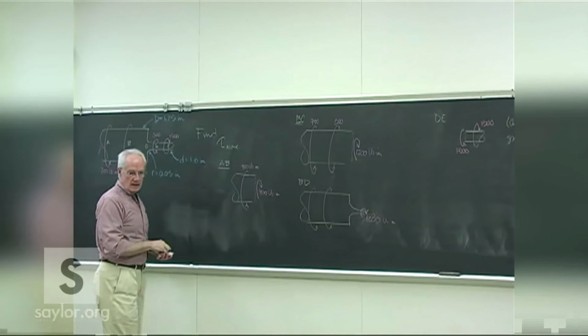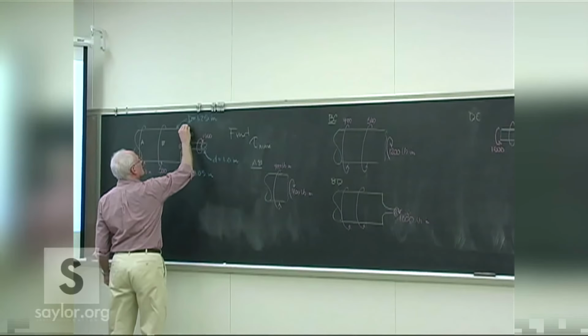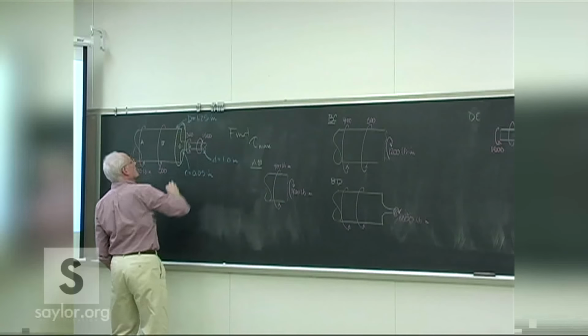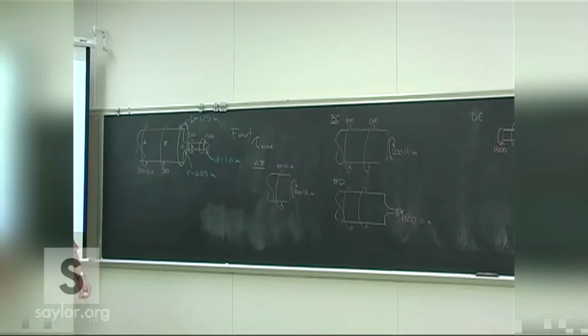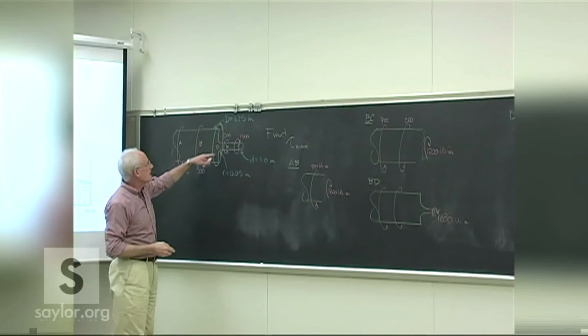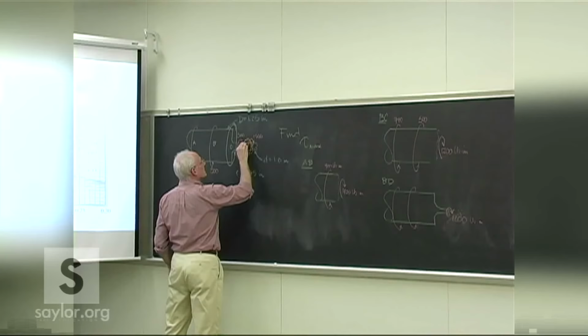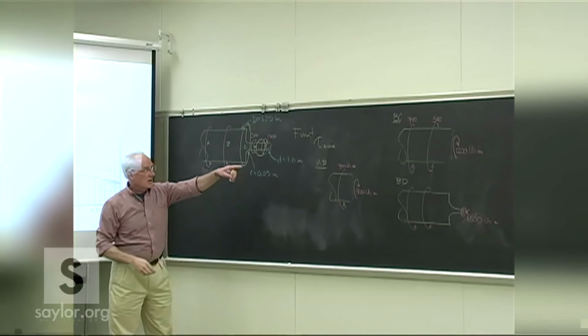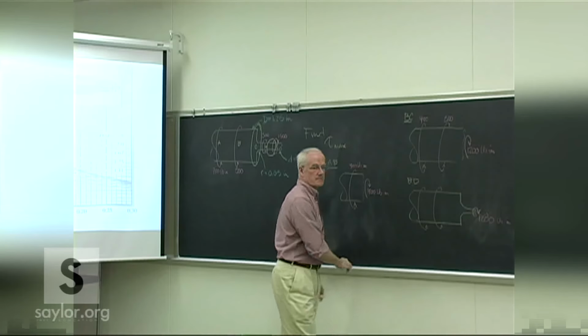So the areas of concern are that area where we have the diameter change and the stress concentration, and this area where we have the large T and the small d. We need to check both of those areas.